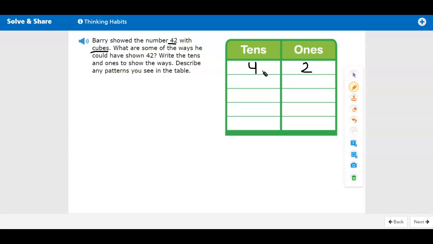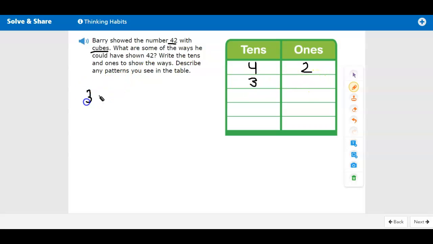What are some other ways that we could have shown 42? What if we took 3 tens, that would be 30, 10, 20, 30, and add the rest in ones.